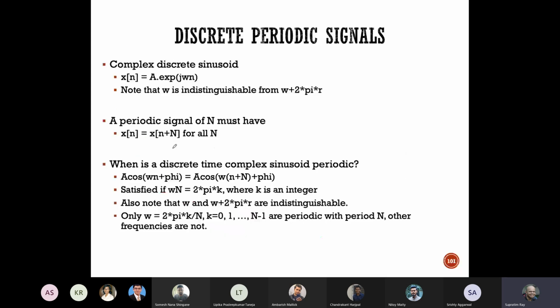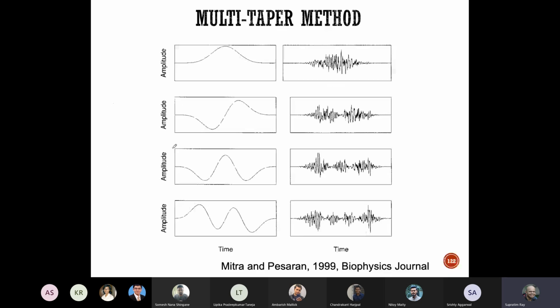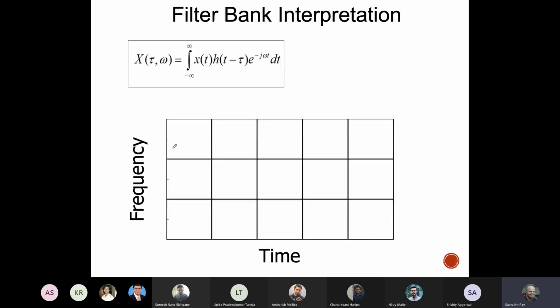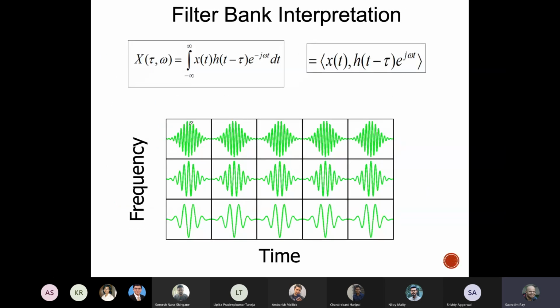But here, when I say it's a single filter, actually it's strictly not true. There are actually two filters, one which is a cosine multiplied by the filter window, one which is a sine. And you're taking a dot product with both.